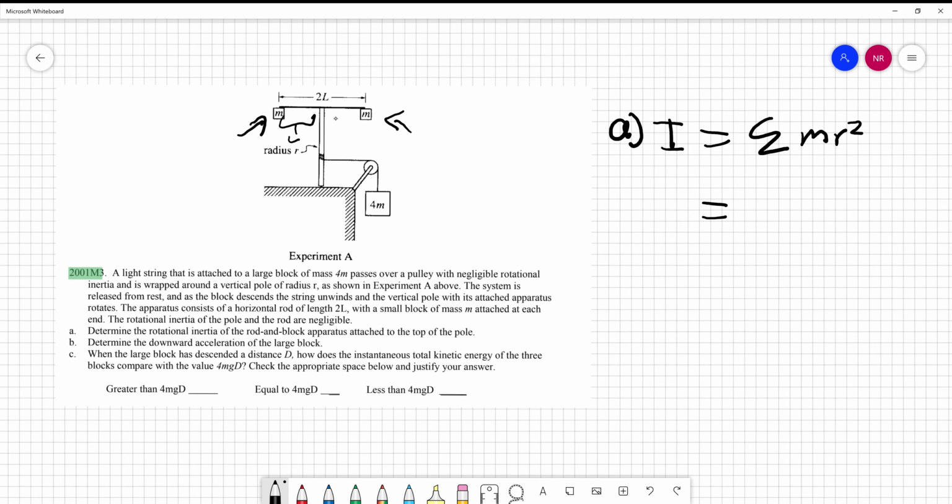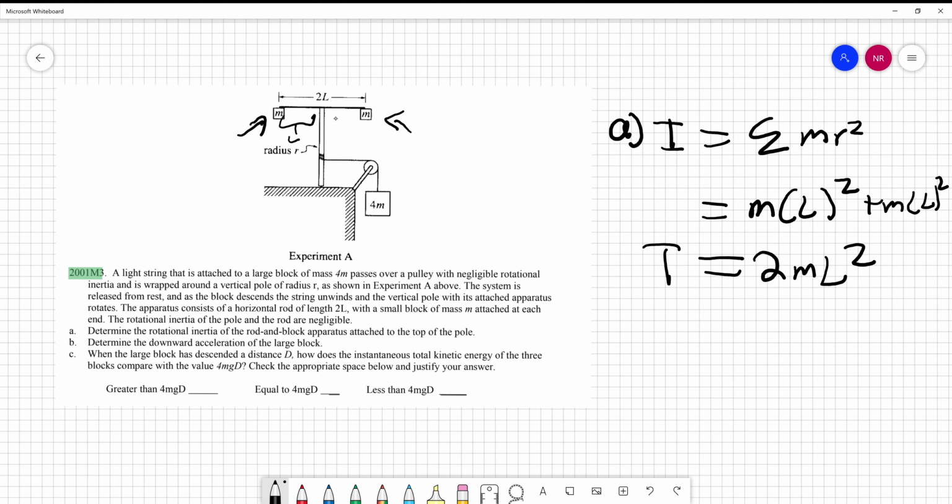This is going to be m times r squared, and r is just L. That's for the left side, and you do the same thing for the right side. Then you end up getting 2mL squared as the rotational inertia. That pretty much tells you how hard the object is to rotate.